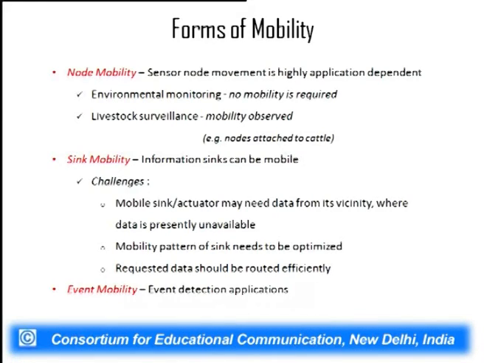But if its mobility pattern is not optimally set, then it might visit some area where the nodes are not giving proper data, right. So its mobility pattern should be predetermined, optimally determined in advance, okay. And even if it's a random movement of the sink, still some routing protocols should be well equipped with such actuators.